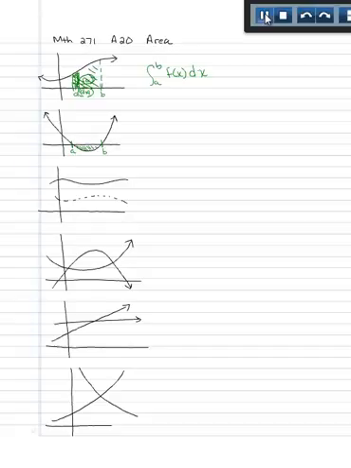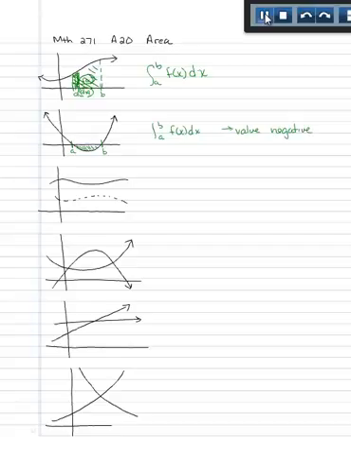And what we need to recognize is that if we integrate from A to B f of x dx, just like we just did, then we would have to recognize that this value is going to be negative because it is below the x-axis.